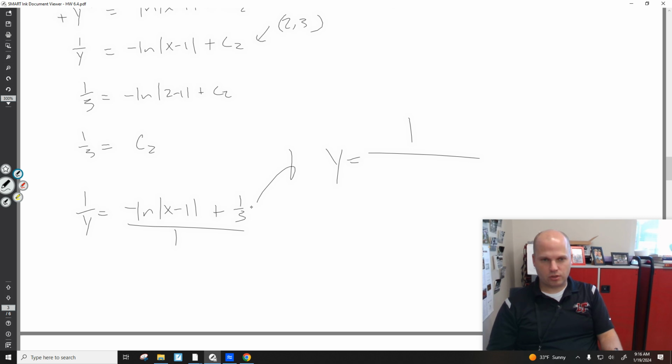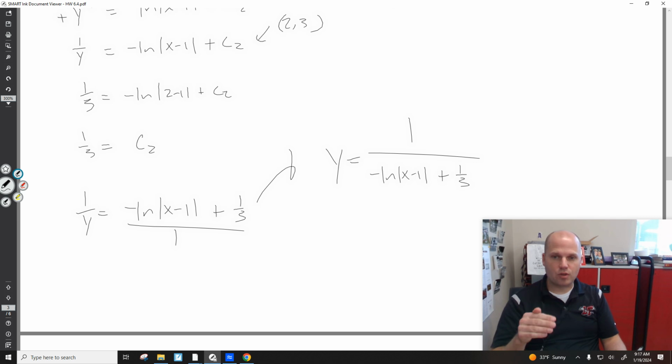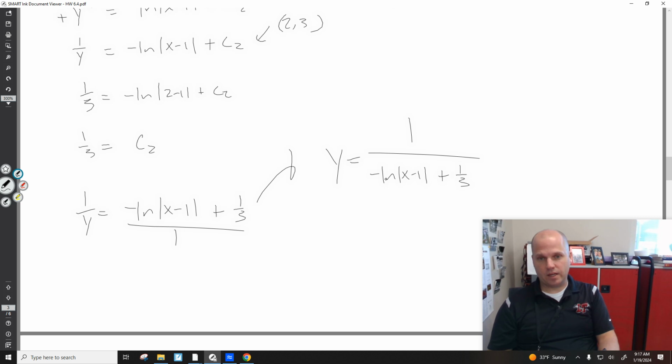I see a lot of students turn this 1/3 into a 3. No, don't do that. It's not right. It's in the denominator. It's not plus c on the outside. And if you wanted to do anything, you can multiply the top and bottom by 3 to get 3 over negative log x minus 1 plus 1. But this is fine. You get full points.